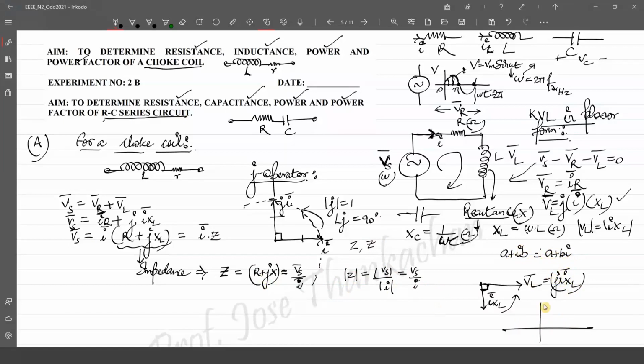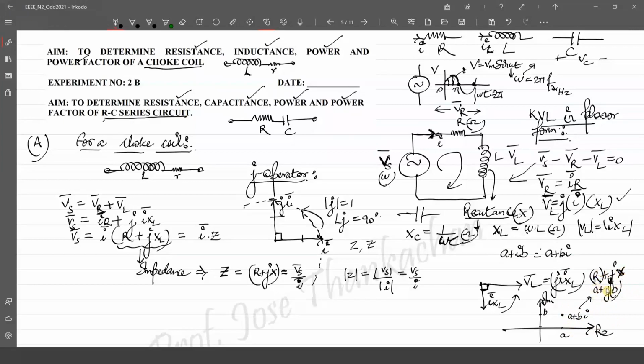If this is your real axis and this is your imaginary axis, then A plus BI represents this point, where this is A and this is B. Similarly, in electrical engineering, instead of A plus BI, we write A plus JB. So instead of I, we use J to represent the imaginary part along with the real part. And what is the imaginary part? It is not exactly imaginary, it is the reactance part. This is nothing but R plus J times X.